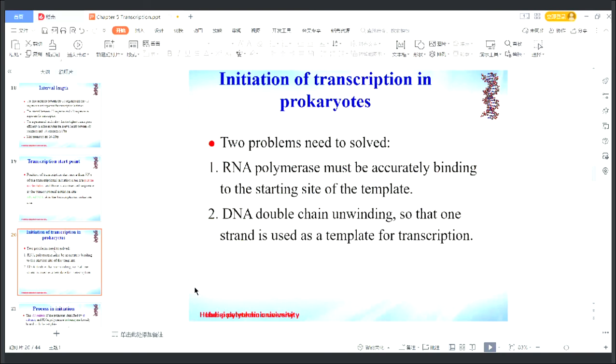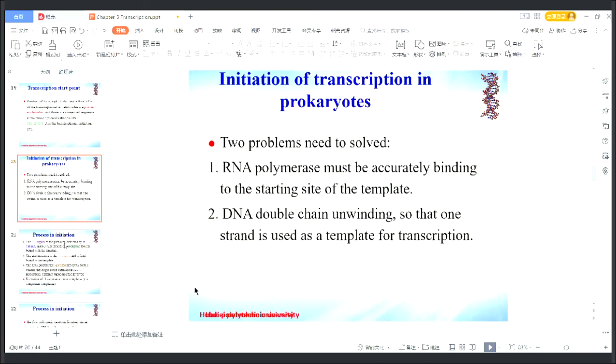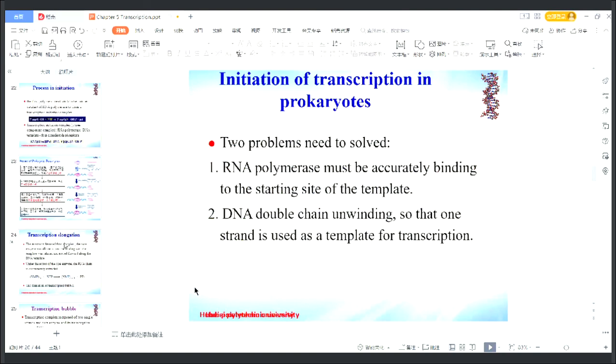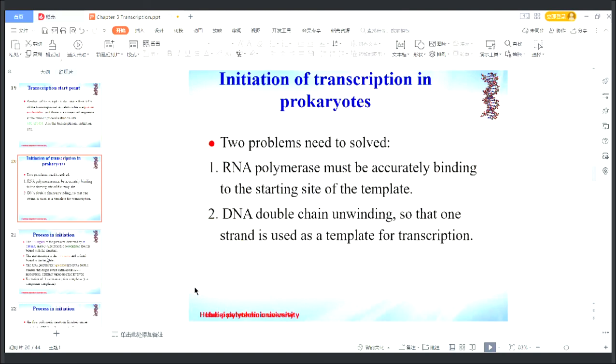For the replication, we also divide three stages: origination, elongation, termination. For the transcription, you can see initiation, second, elongation, and last termination.